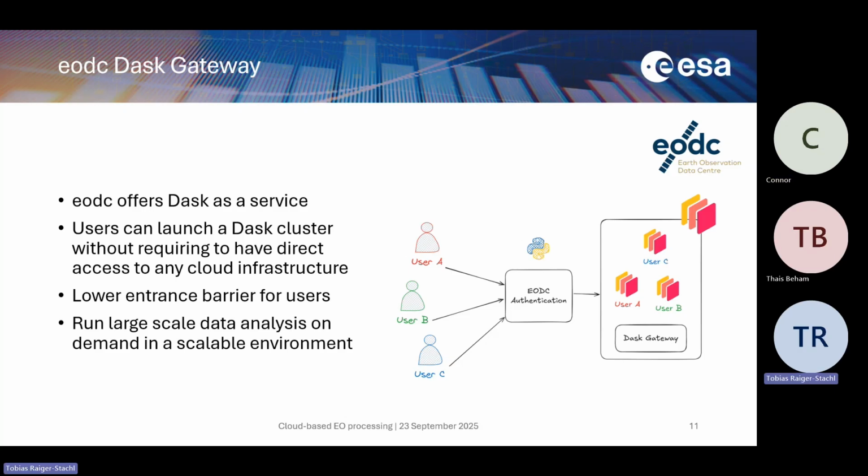That means that users can launch a Dask cluster without requiring direct access to cloud infrastructure. Usually in Earth observation, you need a huge load of data, and obviously you cannot use your local PC to process all this. This is where cloud infrastructure comes into place, and also the software library we are using and presenting here.